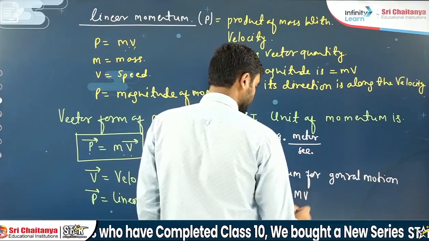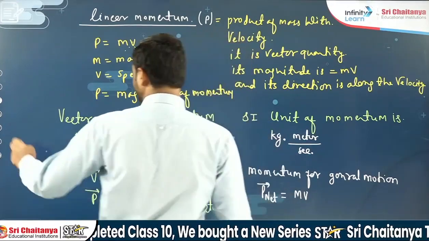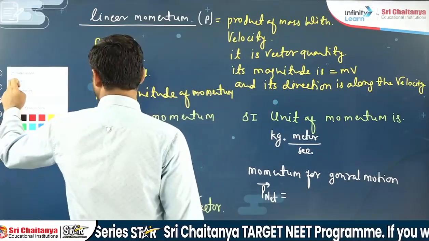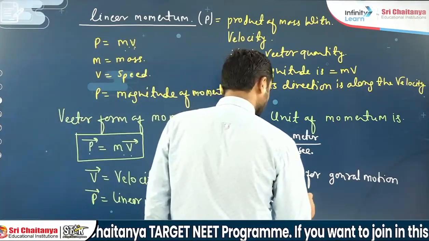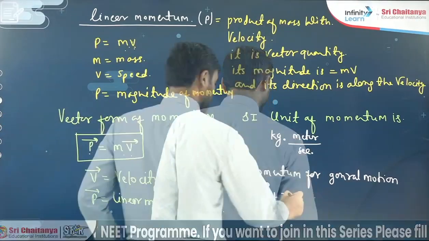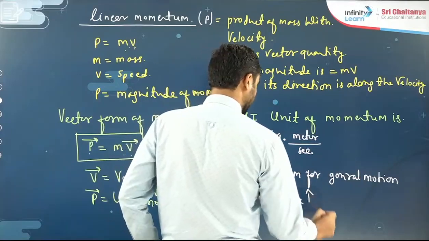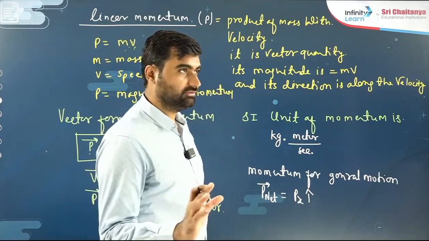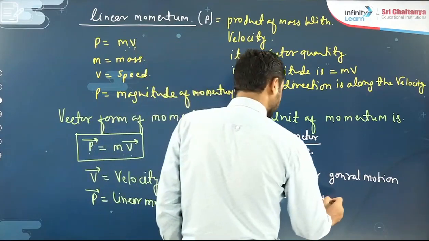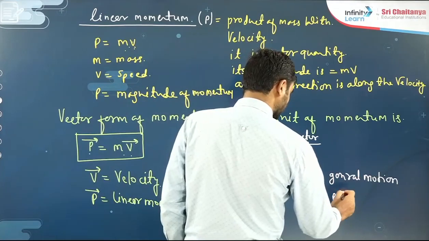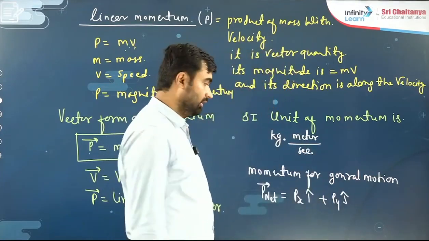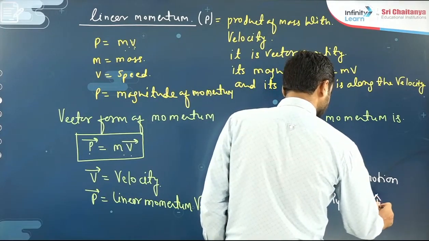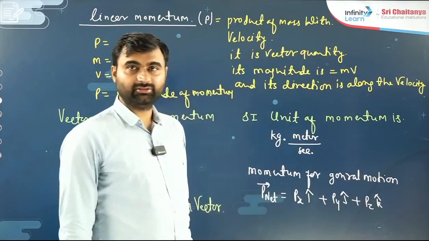It is in x direction, y direction, z direction. So x direction px, and you know for x direction which vector we use? I cap. In y direction py, which vector? J cap. And in z direction pz, which vector? K cap. Is it clear?